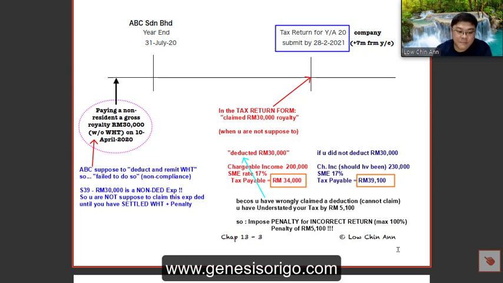Then the client says, you pay the penalty, this is not my mistake, this is your problem. So you need to come up with a solution to tell your client what to do. What do you do to advise your client?